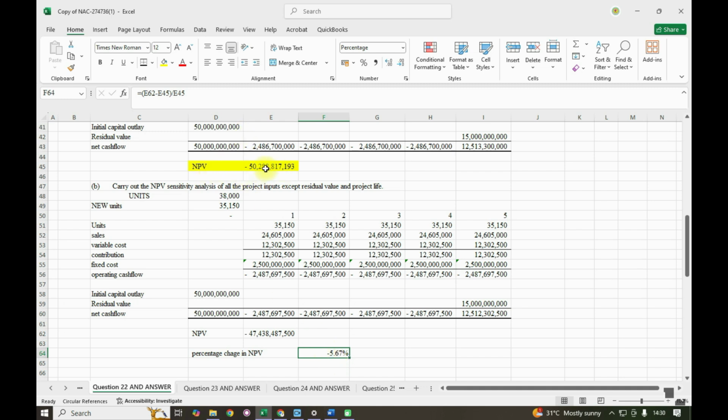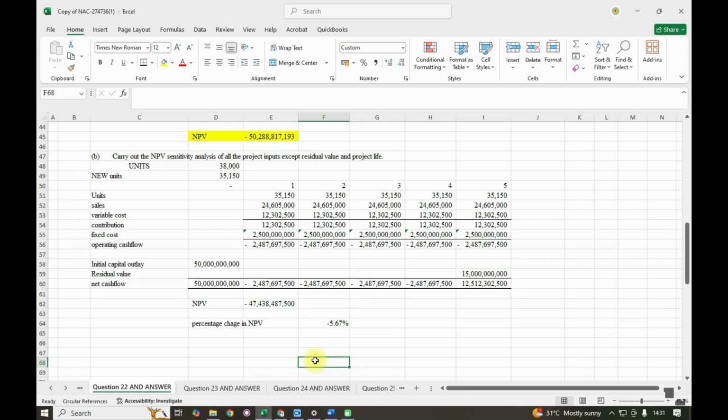This was a negative 50 to negative 47. So it's supposed to be a positive. Is it really a positive? Yeah, it should be a negative. The way it is a negative, it will be a change of 5.67, which is how sensitive the project is.